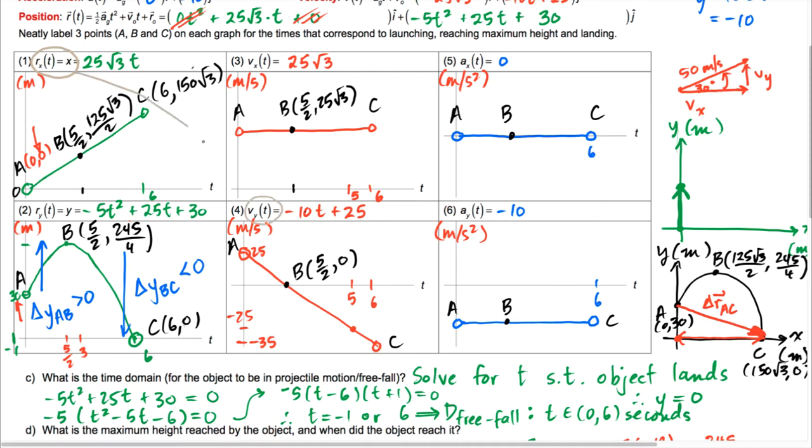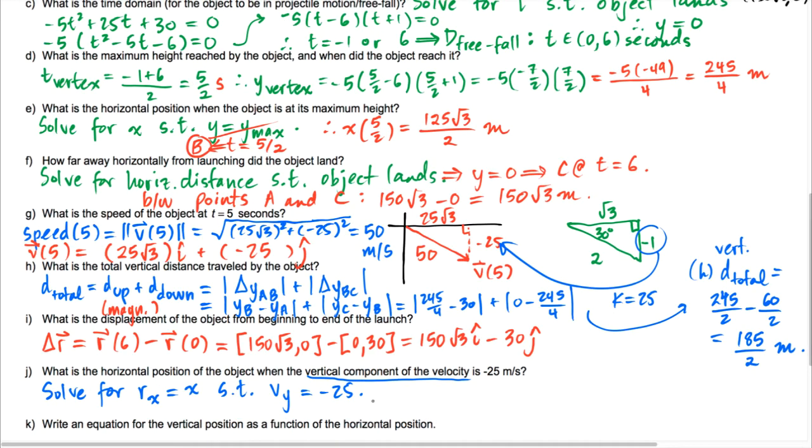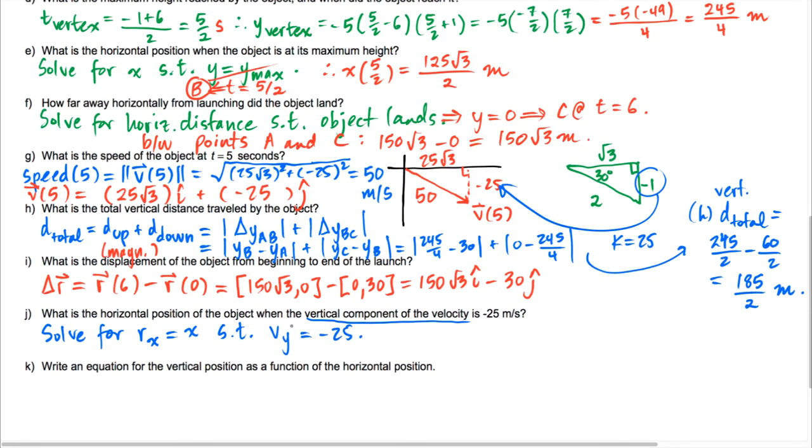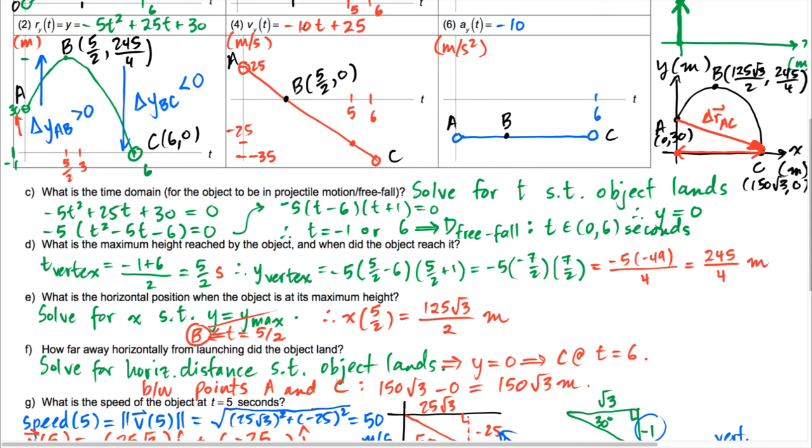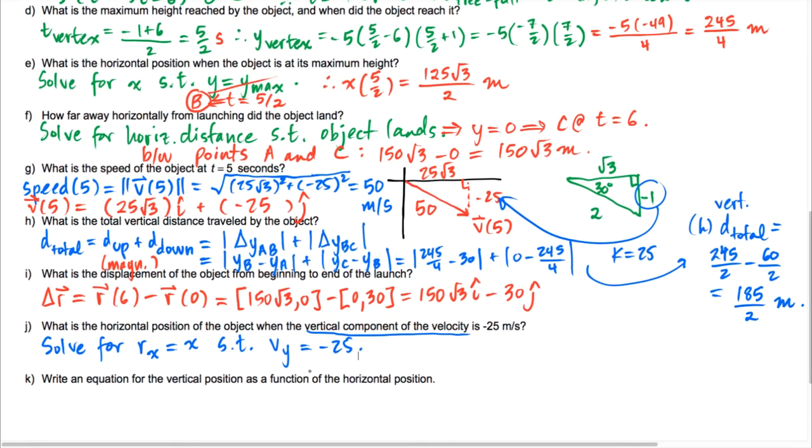And so the one quantity that relates these things is time. So we're really trying to pinpoint it probably back to one of these special points, A, B, C, but maybe it's relating it to some other time. And that's really the key of this question. You have to find the time first. So we take our expression for vy, which is negative 10t plus 25, and substitute it for vy.